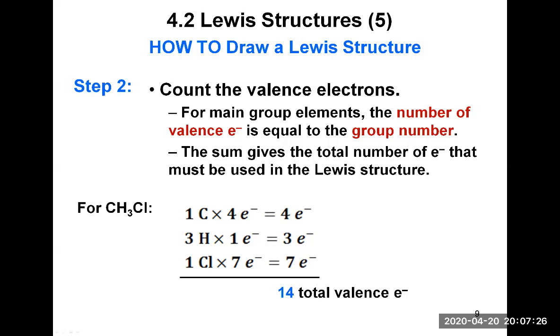And then chlorine is in group 7A, so it brings 7 valence electrons, and there is only one, so plus 7 from chlorine. 7 plus 3 plus 4, that's 14 valence electrons in total for CH3Cl. And so you want to keep that number in mind and check that at the end you have this correct number of valence electrons.